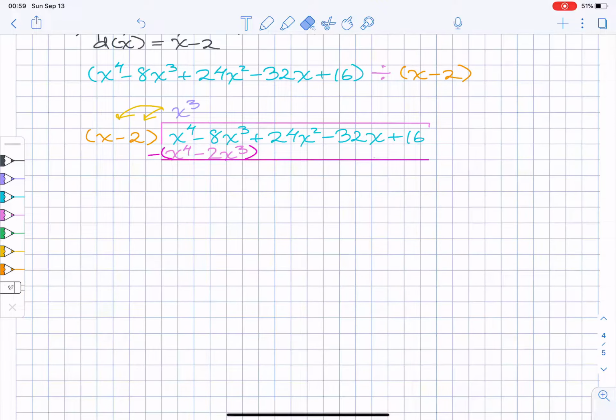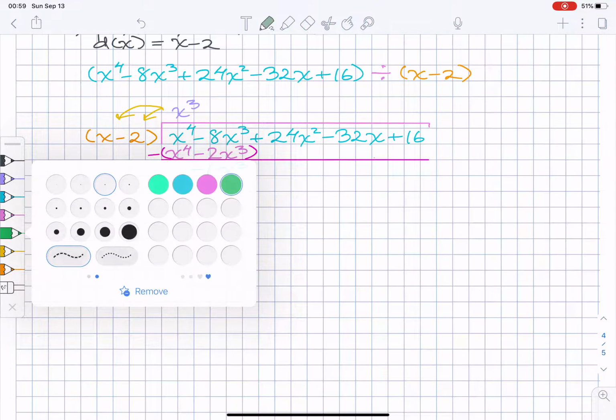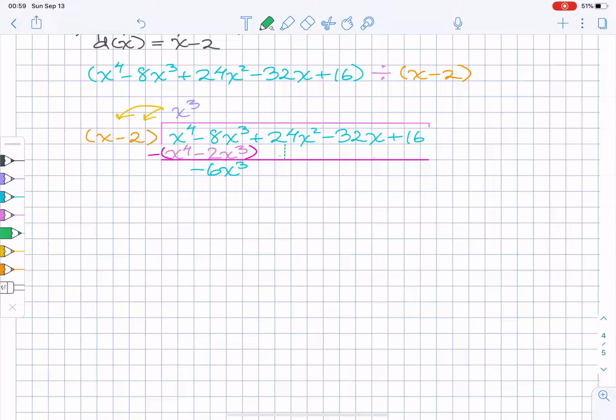So what do we get? x to the 4th minus x to the 4th goes away. Negative 8 plus 2 is negative 6x cubed. What am I going to do with the rest of this stuff? I'm going to bring every single term down, so I'm going to get plus 24x squared minus 32x plus 16.